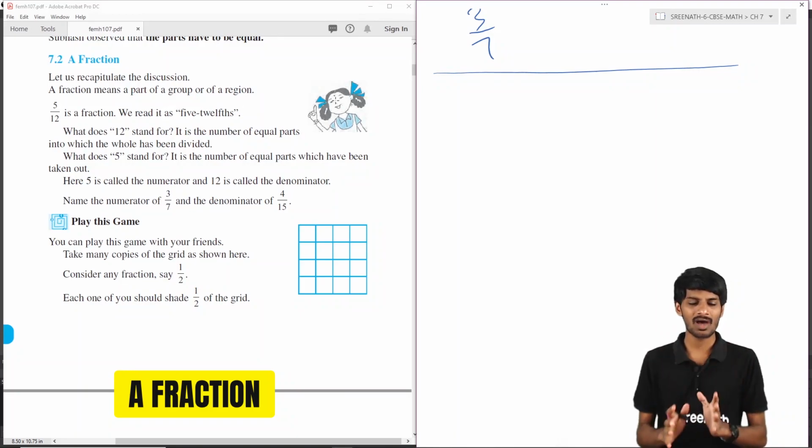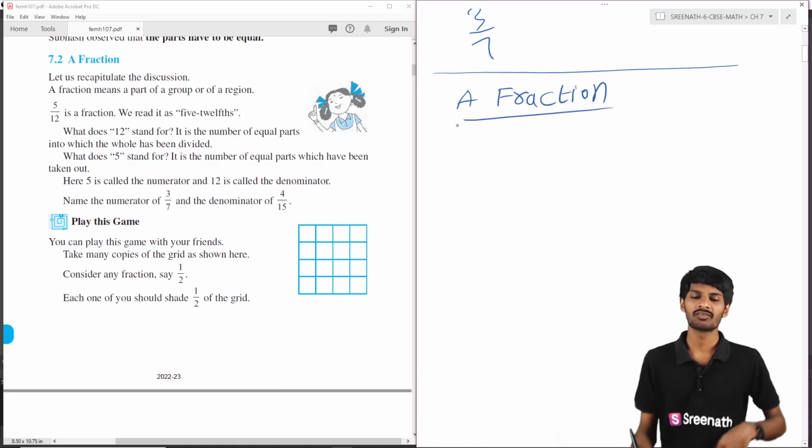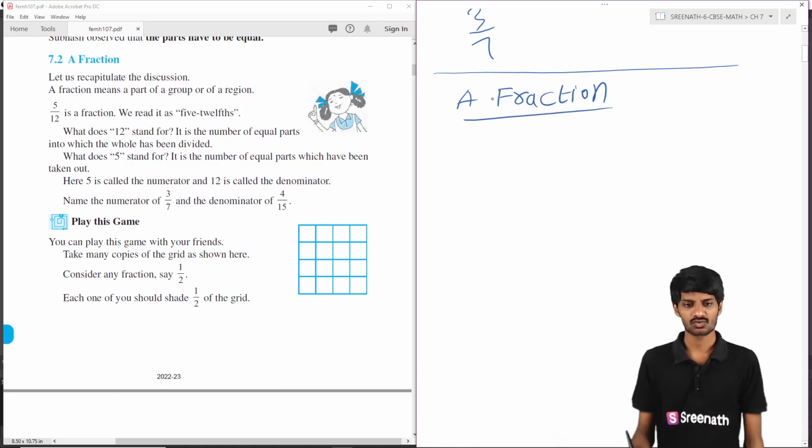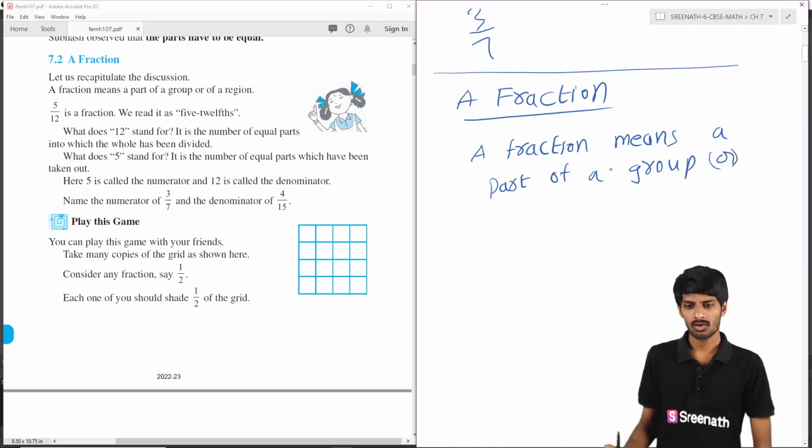Okay, students, so now we have discussed fractions. We have already discussed the fraction previously. A fraction means a part of a group or of a region. So what is the definition of fraction? A fraction means a part of a group or of a region.